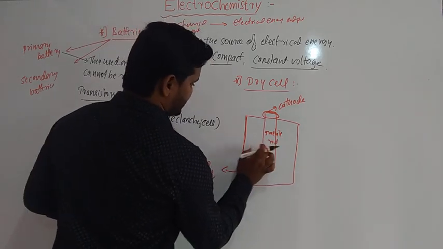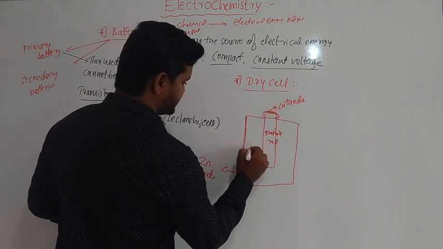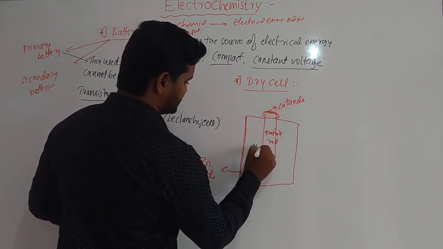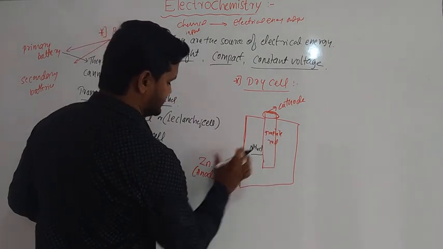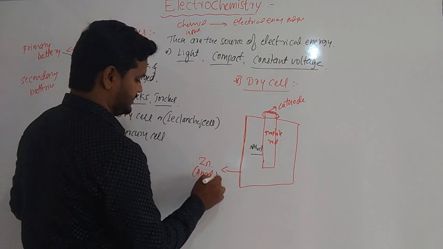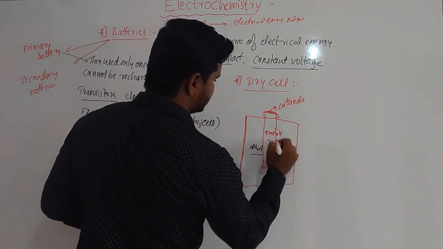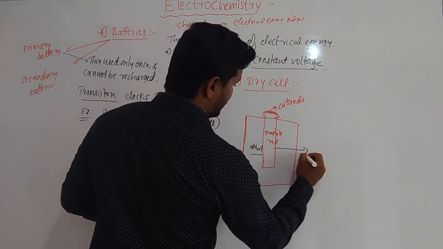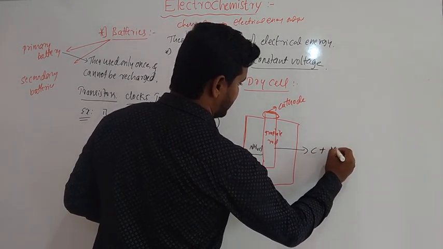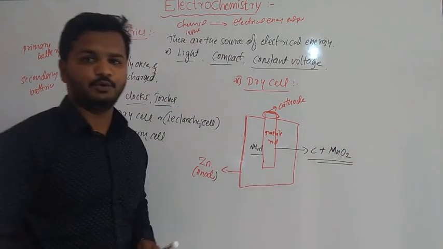In between the cathode and anode, the space is filled with a paste of NH4Cl, ammonium chloride. The cathode is made up of carbon and MnO2 powder.